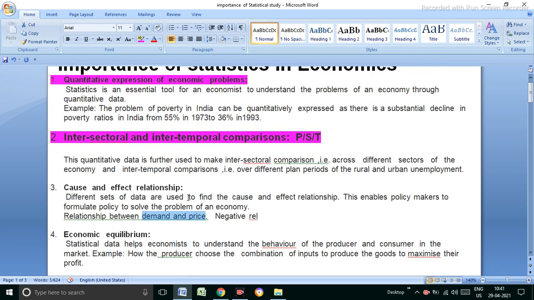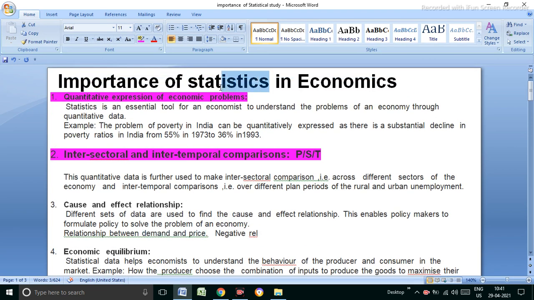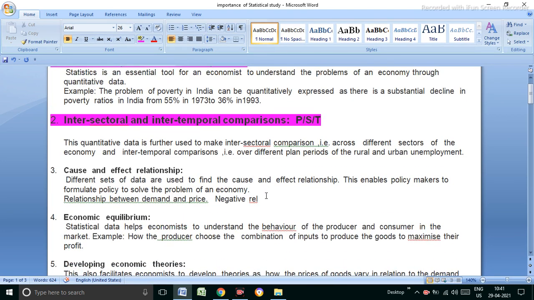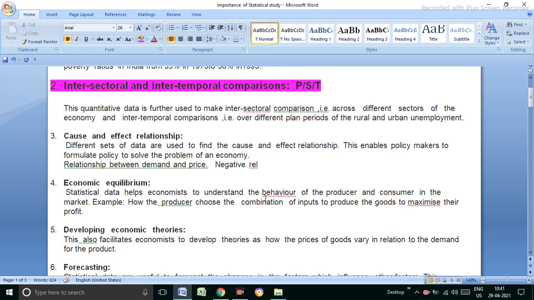It is determined on the basis of statistics. This theory was created in statistics and given to economics. We study it in economics, but it is proved in statistics. So statistics helps to determine the theory and model of demand and supply.